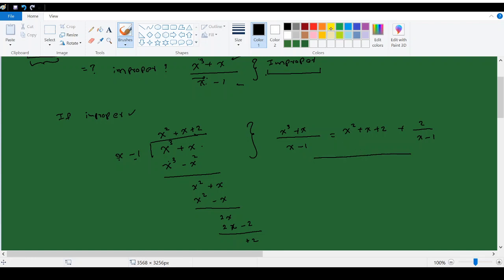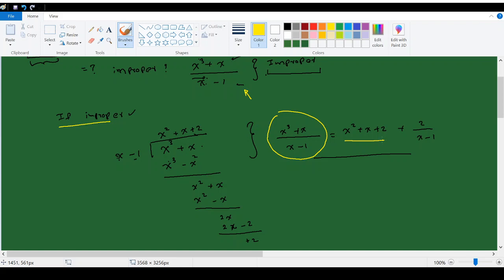And the good news is, in this particular example, this might not be always true, but in this particular example, it is already separated into partial fractions. So this long division was the only thing required to find the partial fractions for this example, right?